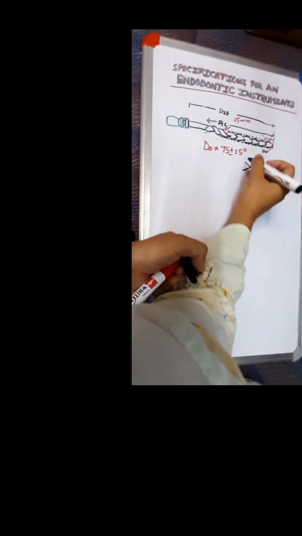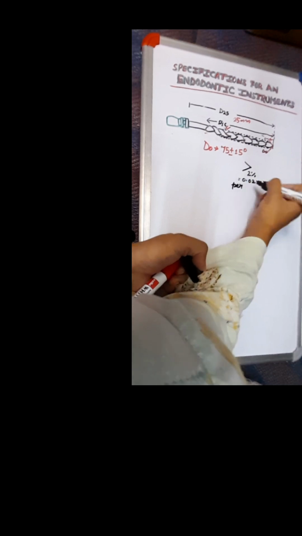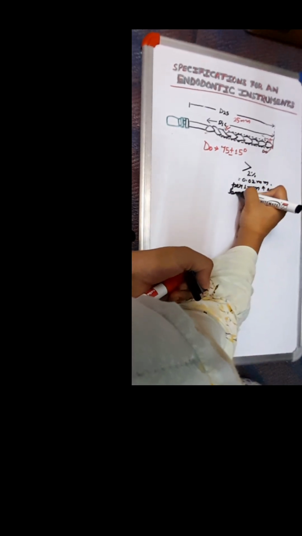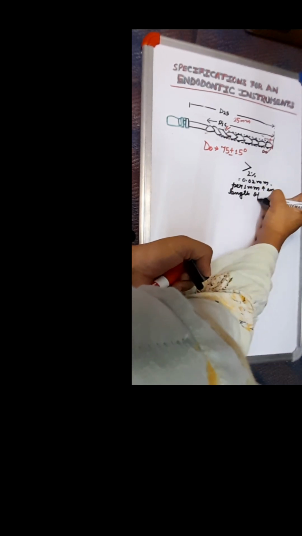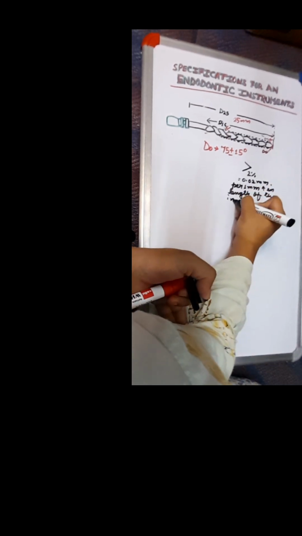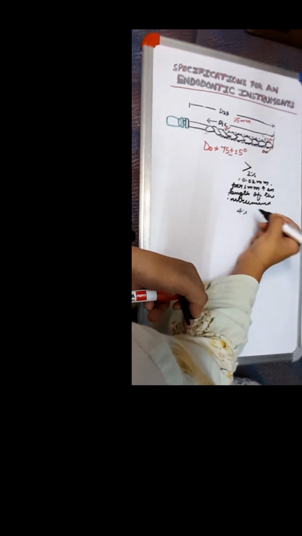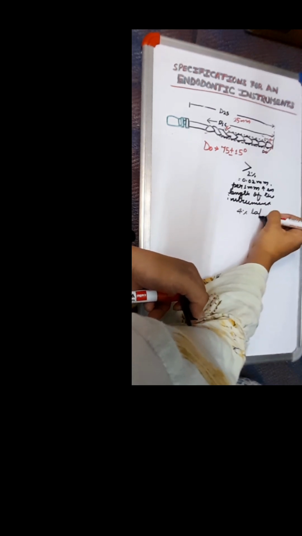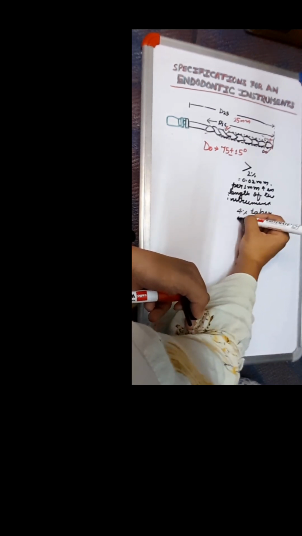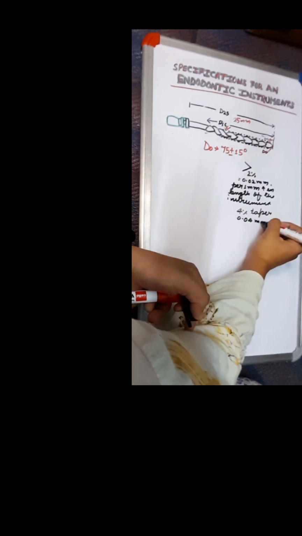When we are talking about 2% taper, the diameter would increase by 0.02 millimeter per millimeter increase in length of the instrument. And with 4% taper, it would be 0.04 millimeter.